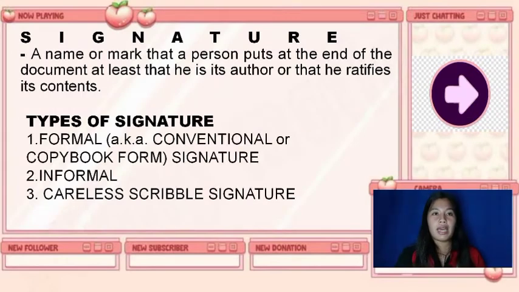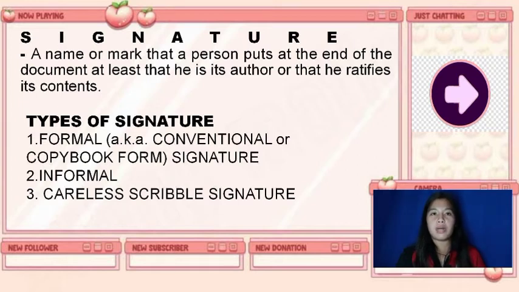Signature was defined as a name or mark that a person puts at the end of a document, to show that he is its author or that he ratifies its content. There are three types of signature. First is formal or conventional or copybook form signature. It is a signature that is correct and complete, used in signing important documents.